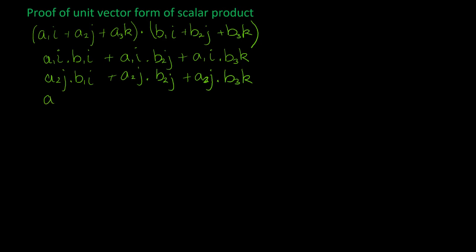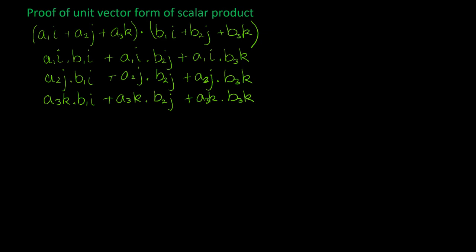We've got A3k dot B1i plus A3k dot B2j plus A3k dot B3k. So that looks rather unwieldy, doesn't it?